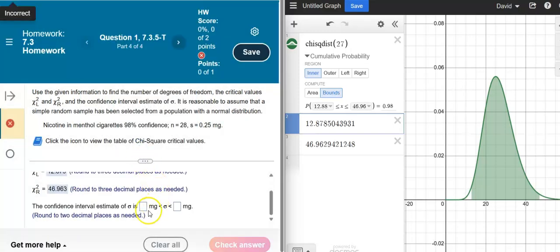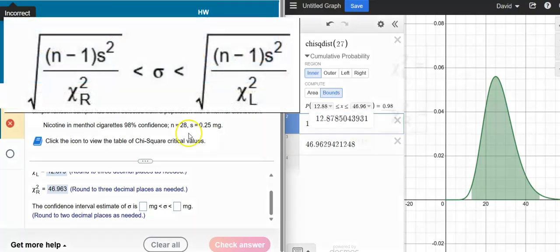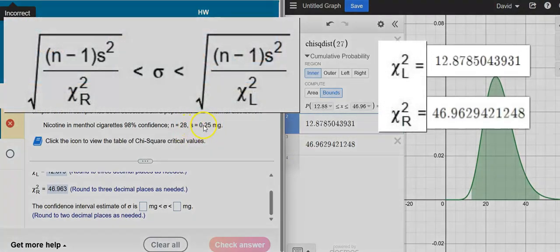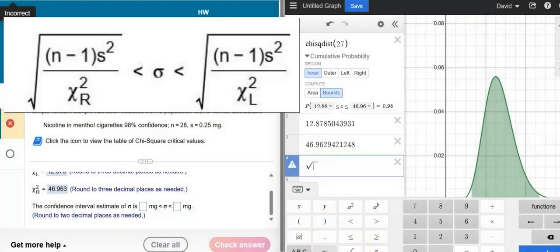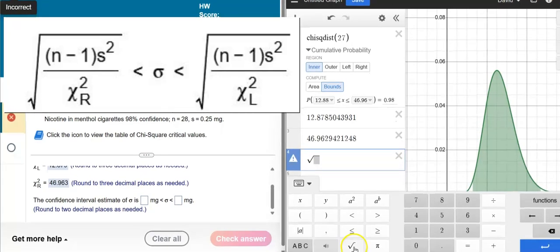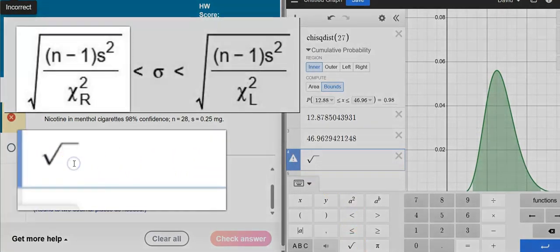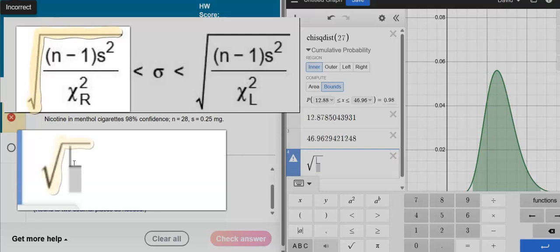Now, after you find your critical numbers, you're going to use those critical numbers as the denominators with this value in the numerator. So go ahead and type SQRT for square root, or you can click this button down here for square root. But you need the square root. Now go ahead inside the square root, do a division.